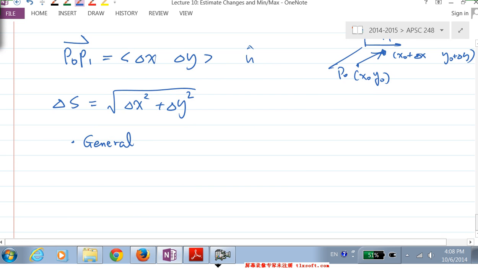So for this case, we're asking how much change. Let's go back to the directional derivative. How much change in f?